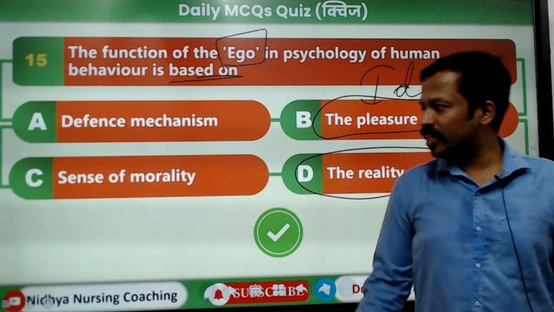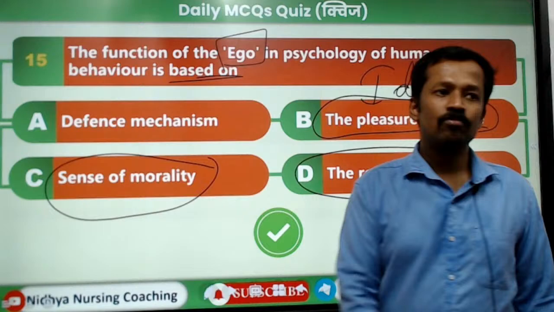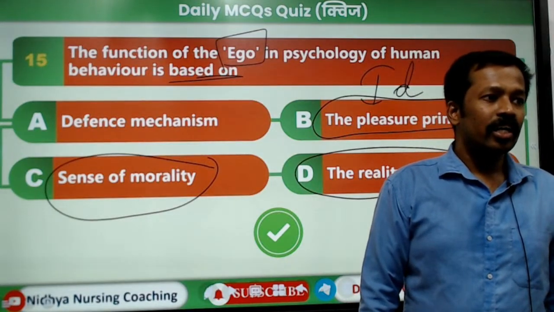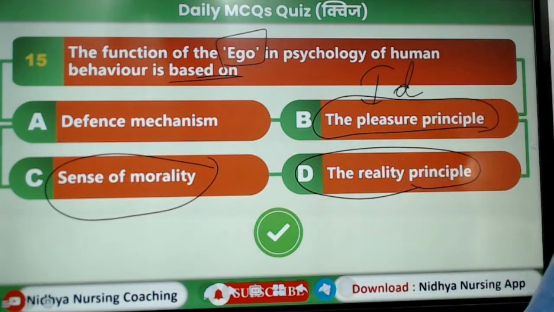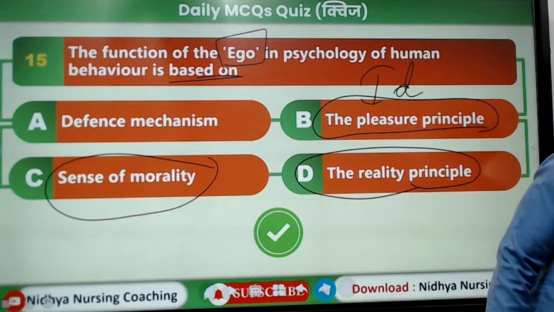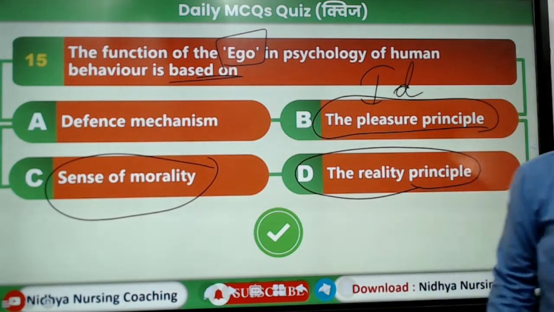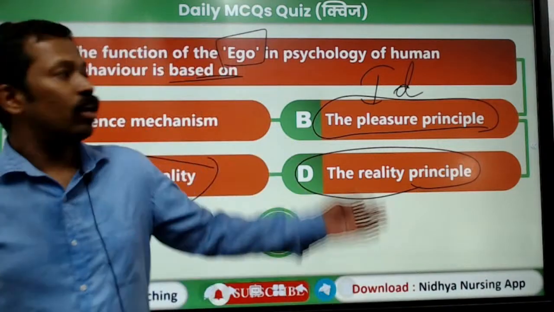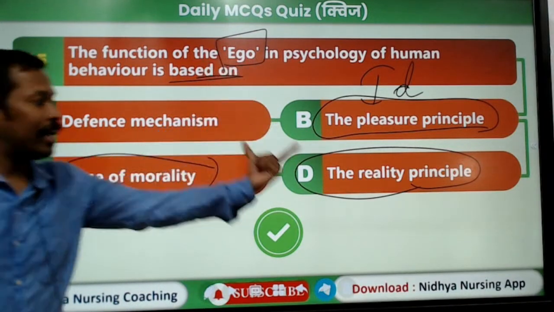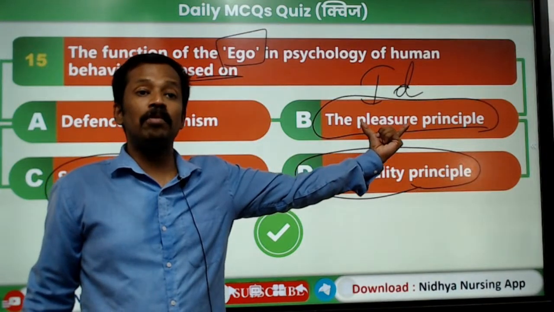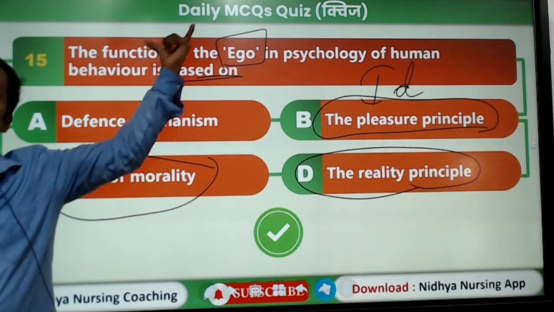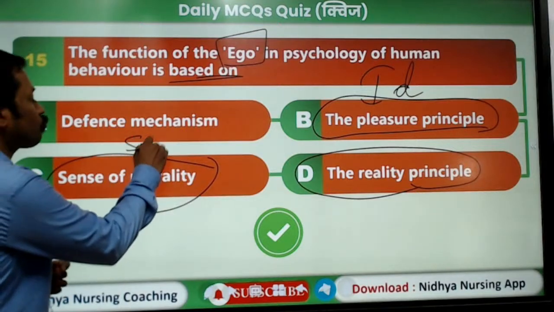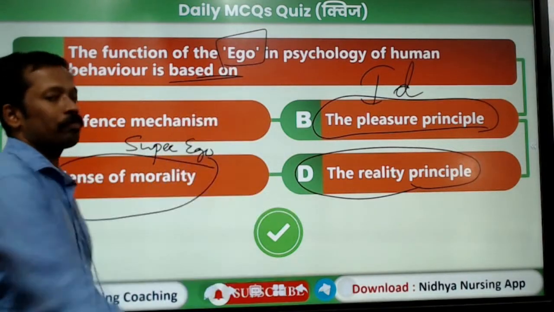And the principle of morality, sense of morality, is super ego. Very good. Got it? So ego is under the reality principle, pleasure principle is id, and the morality principle or sense of morality is super ego.